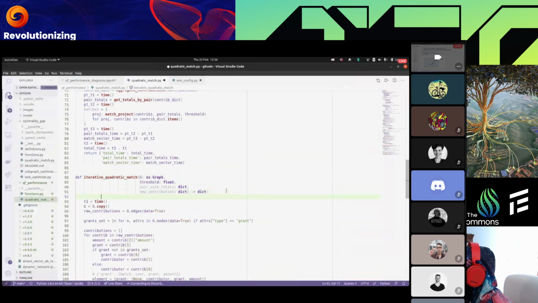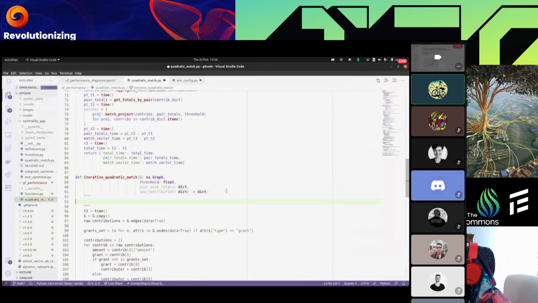I haven't thought yet how this new contribution should look, but maybe it should be something like that. Maybe a dict or a tuple.